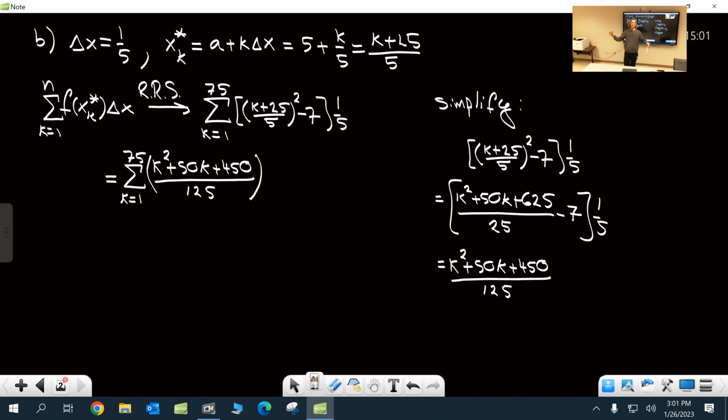And now, just like before, I will pick this slowly apart and turn this one sum of the polynomial into 3 sums where we can then use our simple rules to find out what value I will get. So, as before, 1 over 125. Did I use parentheses or brackets? It doesn't make a difference.